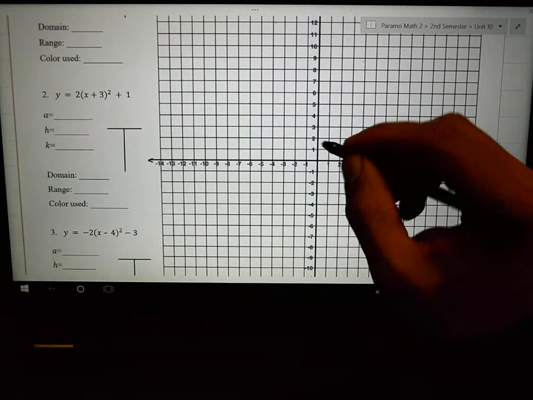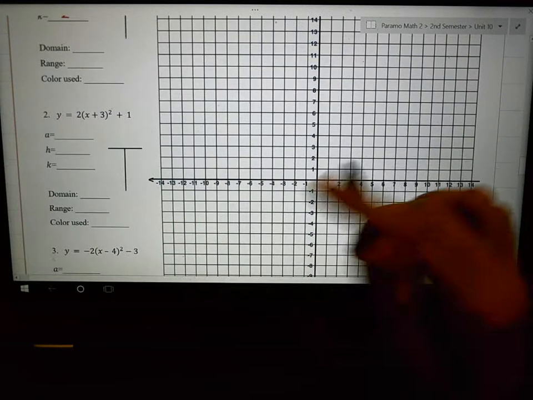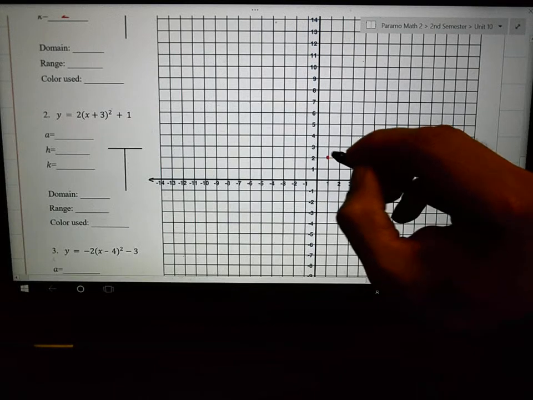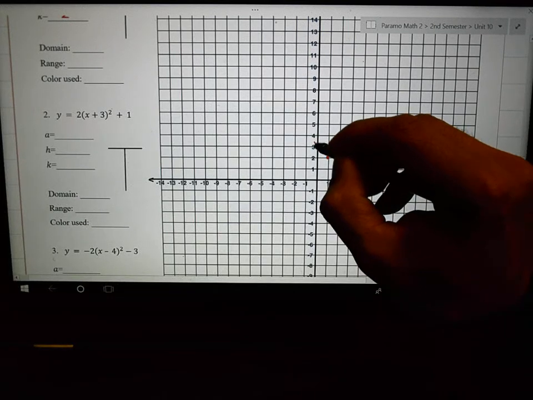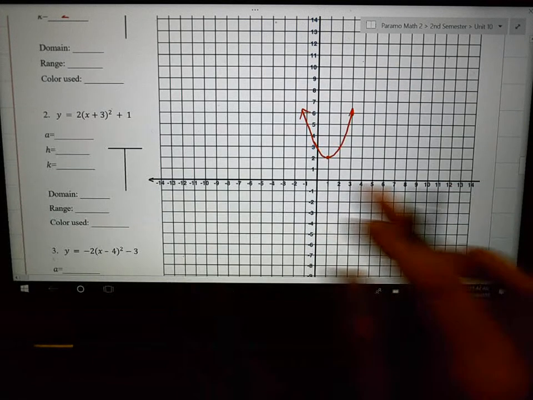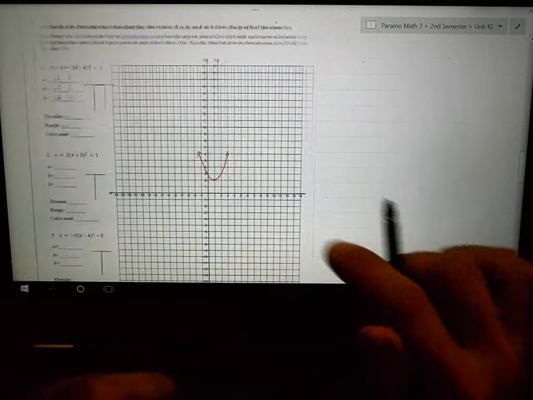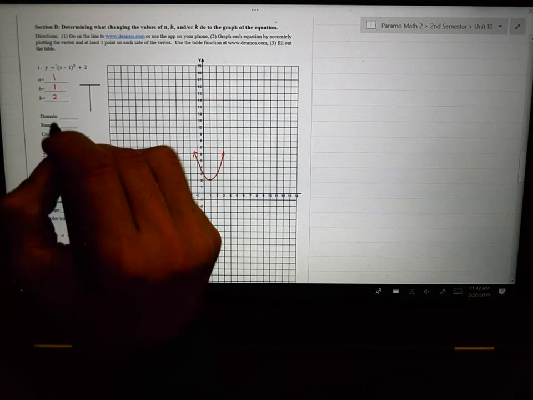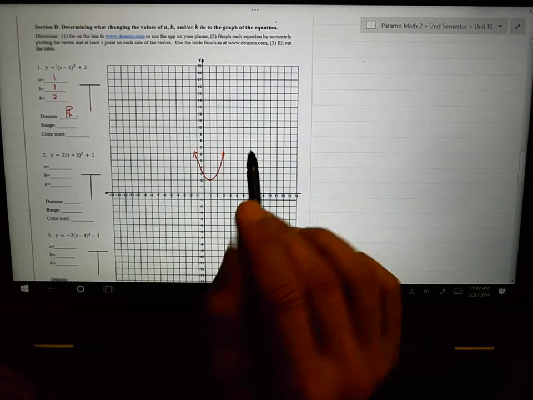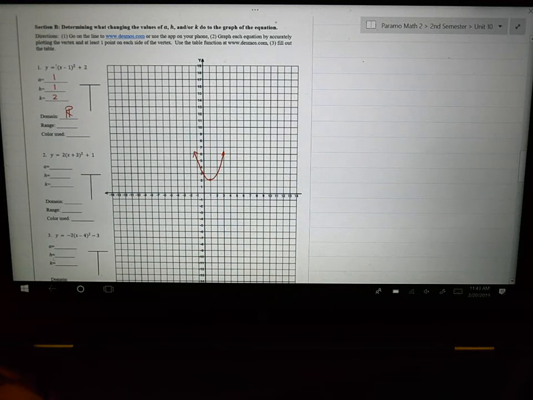You go over to your graph. 1, 2. And you're kind of making a sketch of it. Your domain are your x values. You use all the x values. That's why we'll say it's all reals.